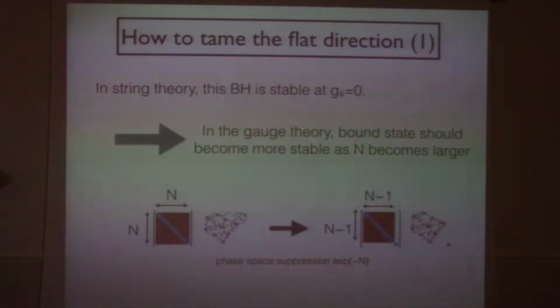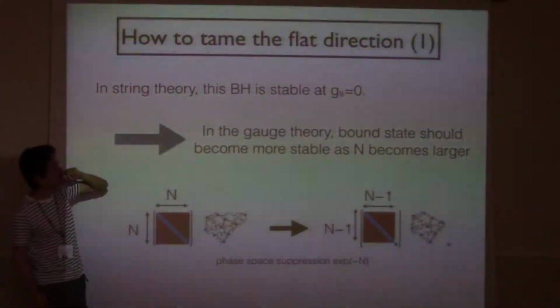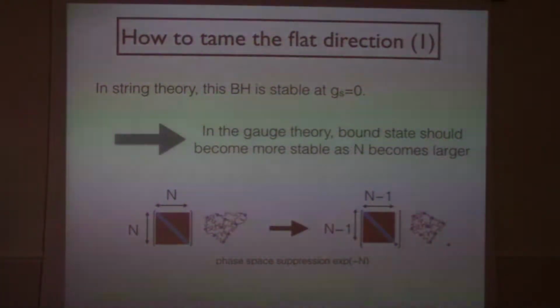If we go to the string theory picture and set the string coupling to 0, then this black hole is stable. The black zero brane is a charged black hole with positive specific heat, and it's a really stable black hole. On the gauge theory side, it should mean the bound state of the eigenvalues should be stable.